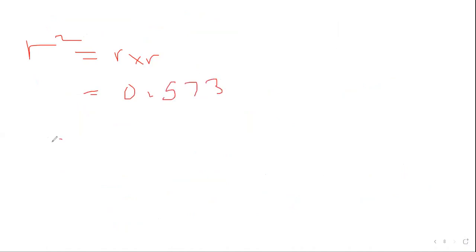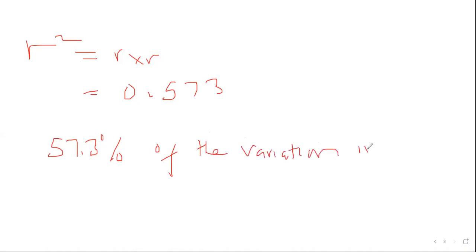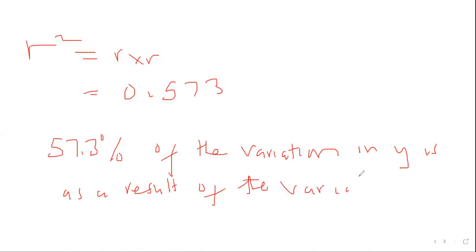So interpreting this, it means 57.3% of Y, or in full, 57.3% of the variation in Y is as a result of the variation in X. That is how you explain this.